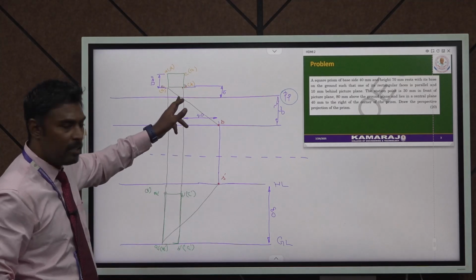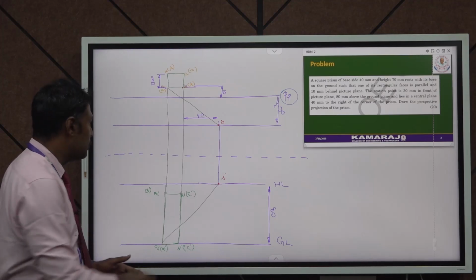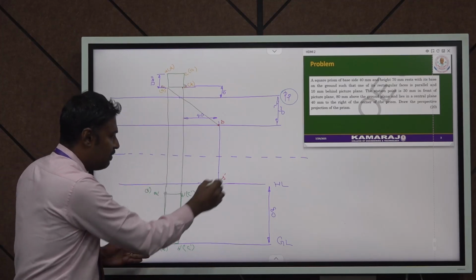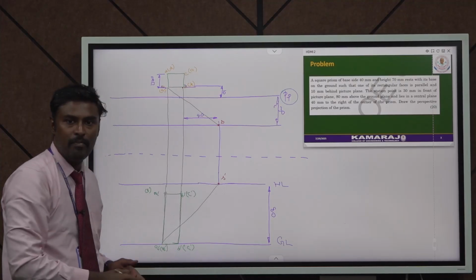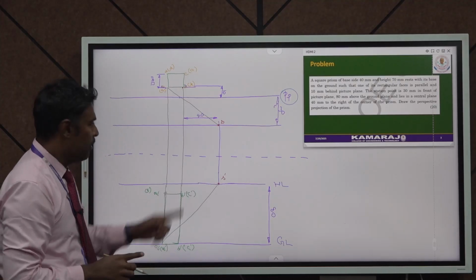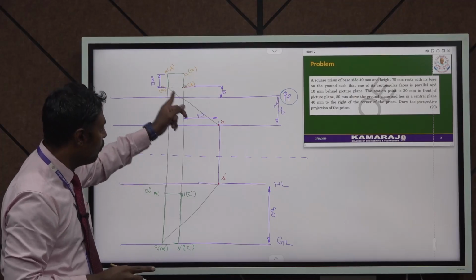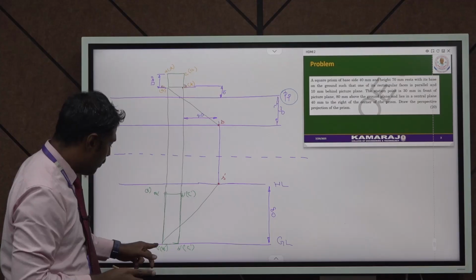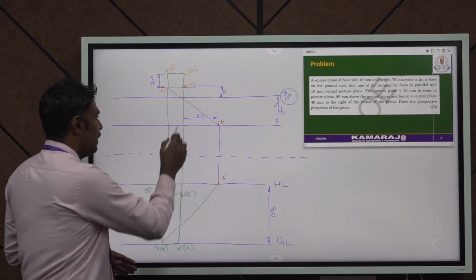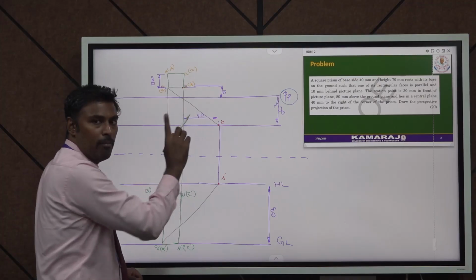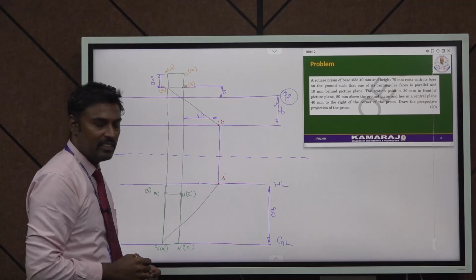From this point of intersection you have to draw one straight projection line, which should intersect the line we have already drawn from A1 dash to S dash. Look at the procedure correctly. From A1 you draw one projection line connected from A1 to S. Similarly, from A1 dash to S dash another projection line is connected, and in the picture plane you have one point of intersection. Locate that point of intersection.